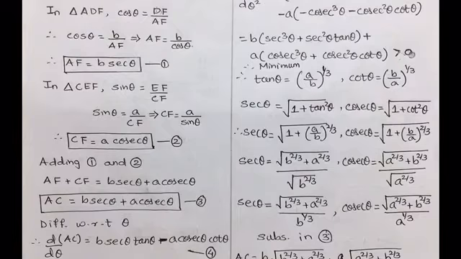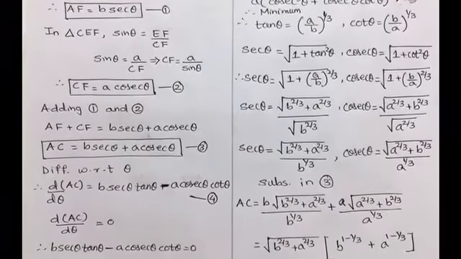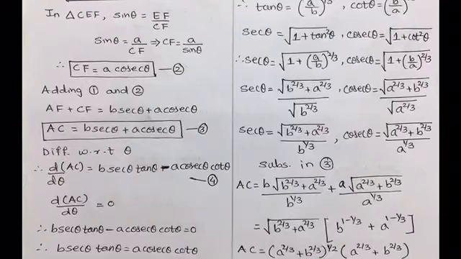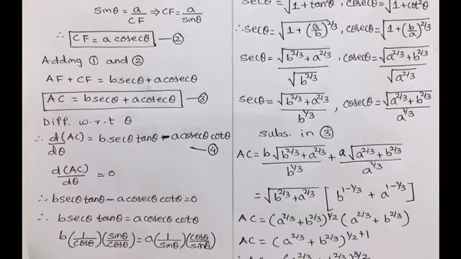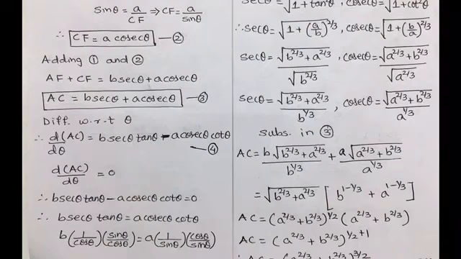So differentiating with respect to theta, the differentiation of sec theta is sec theta tan theta, and the differentiation of cosec theta is minus cosec theta cot theta. Now to get the value of theta, we will equate it to 0.